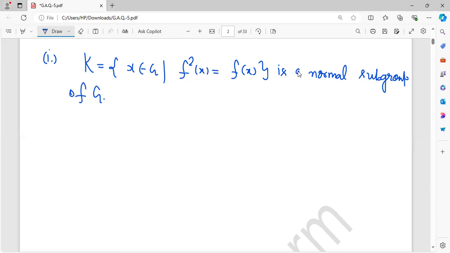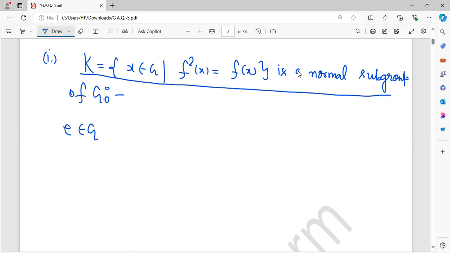So first of all, we have to show that K is not equal to empty set, it means K is non-empty. Now e belongs to G. So first we have to show that K is actually a non-empty subset.